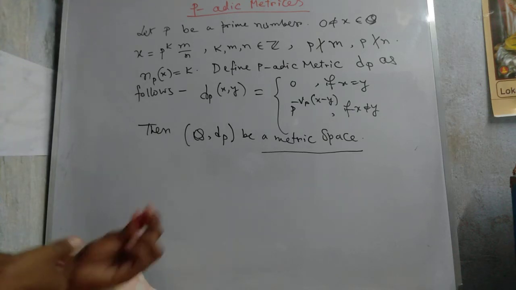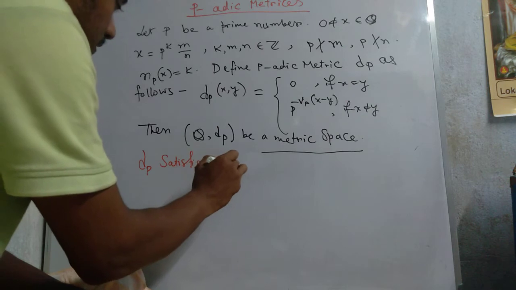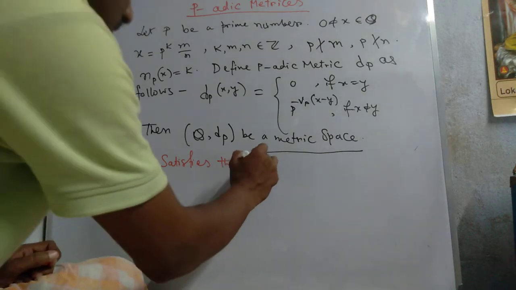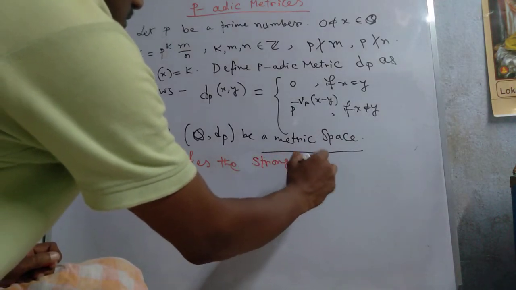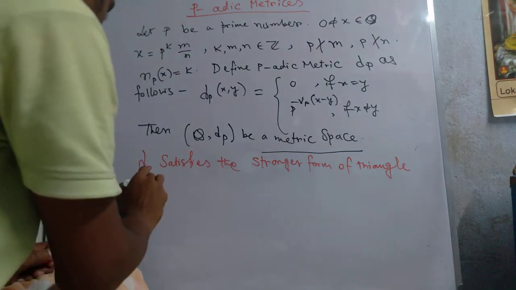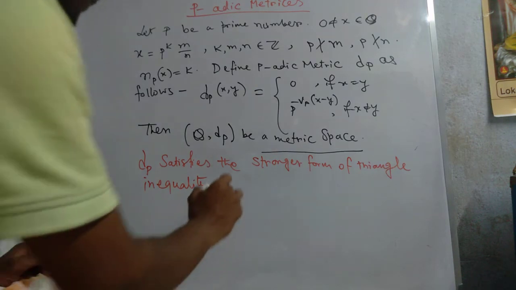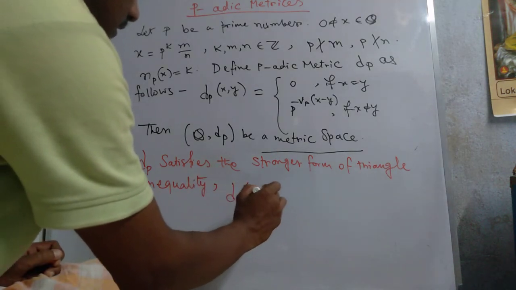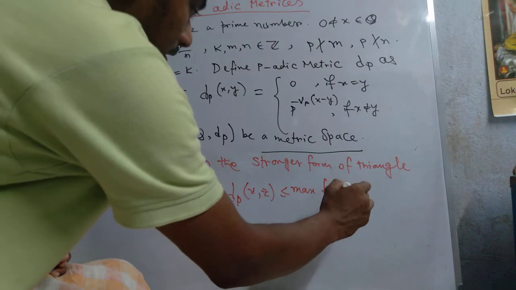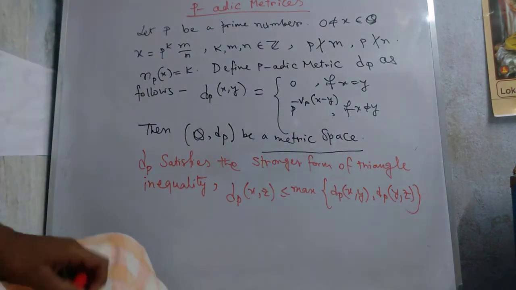Now d_p satisfies the stronger form of the triangle inequality: d_p(x,z) is less than or equal to the maximum of d_p(x,y) and d_p(y,z).